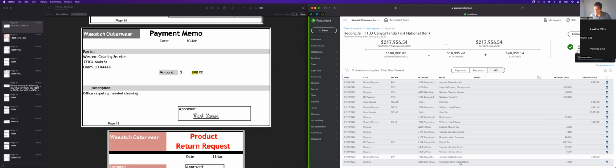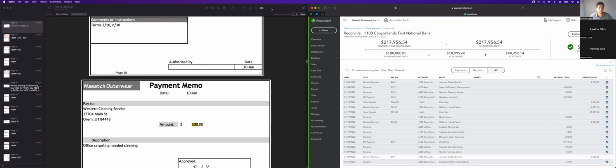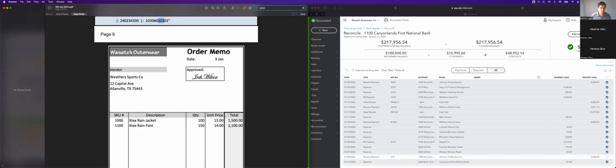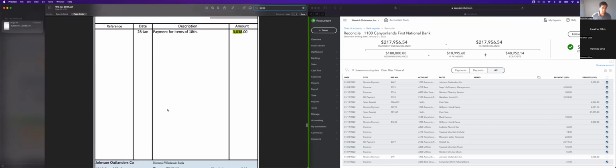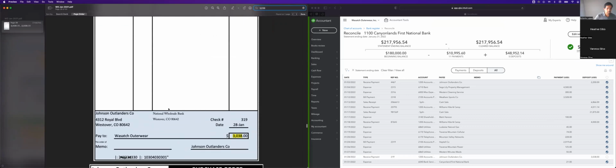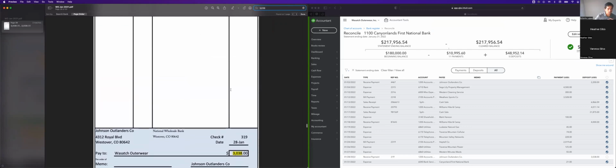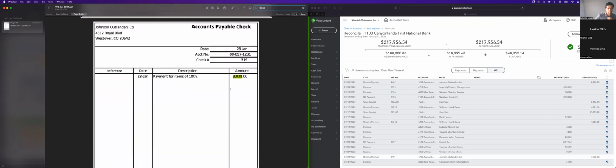And you can finish now, but what it's showing is this received payment of $3,038 is still outstanding. So essentially, we may have put it in the bank, or we may have shown that we received it, but it didn't hit the bank until next month. So we got it, they cut the check on the 28th, we got it, but we didn't put it into the bank until it was too late.